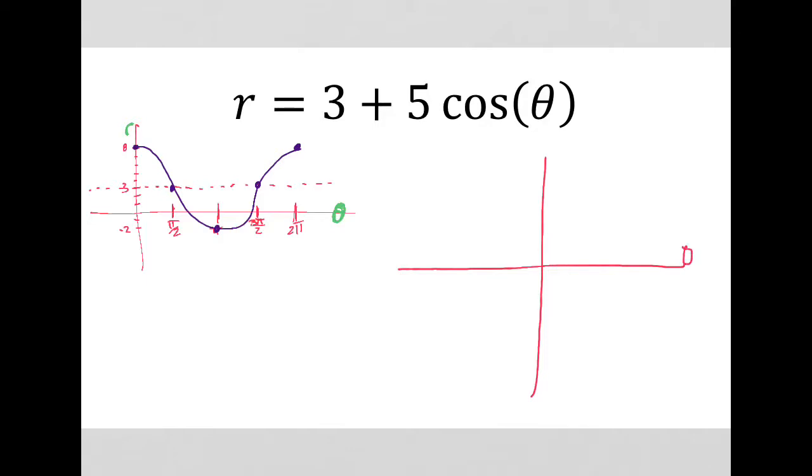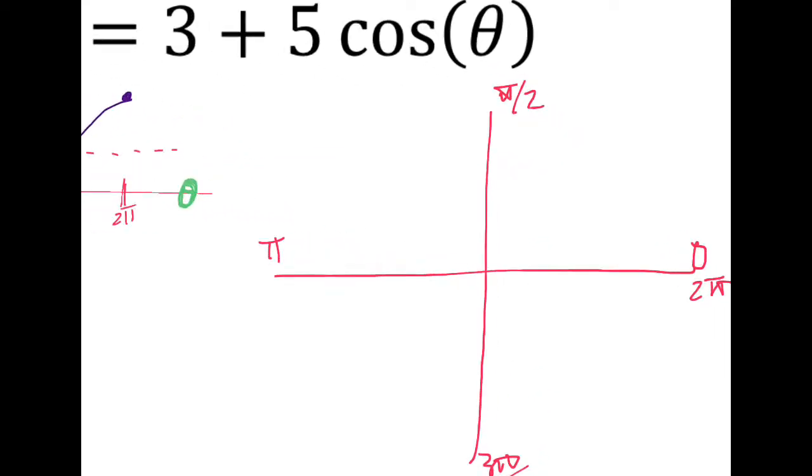Let's label 0. Let's label pi over 2. Let's label pi, 3 pi over 2. And then also remind ourselves that one full revolution gets us back to 2 pi. Now, I'm going to increase the detail here by drawing in my pi over 4 lines. So go ahead and dash in these pi over 4 lines.